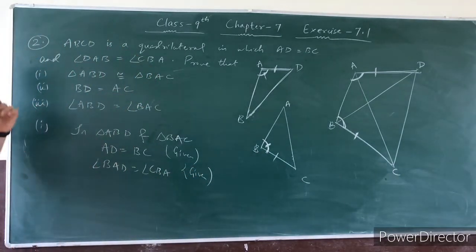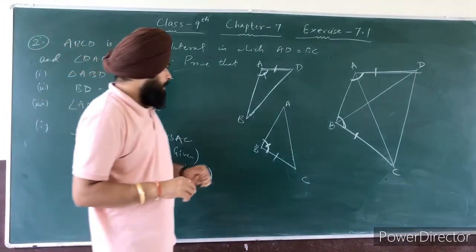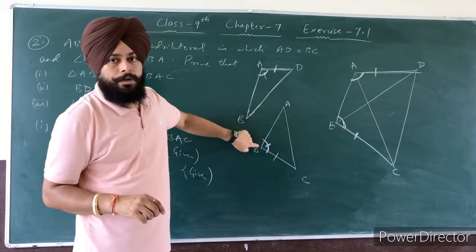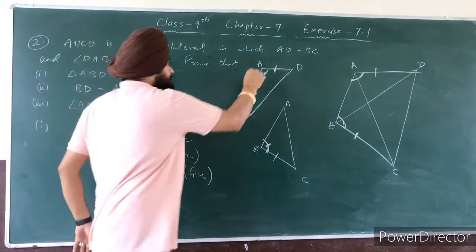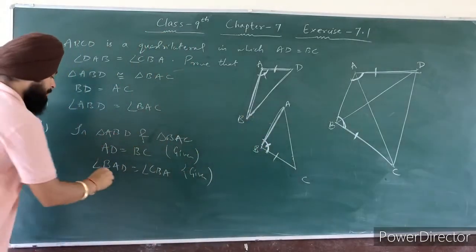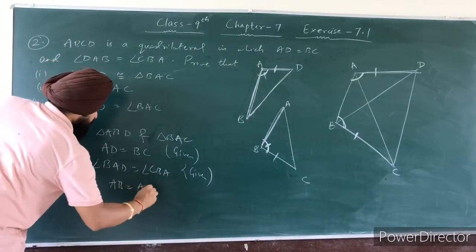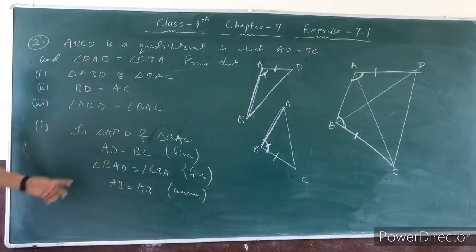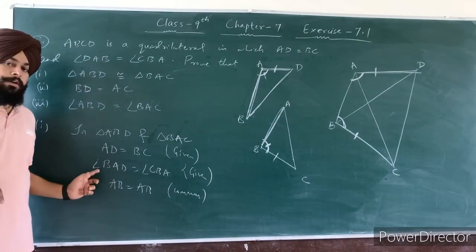Okay? The next third part is which one? You can check here AB side and AB side. It is common in both these triangles. This third side AB and this is AB. So write here AB equal to AB. Reason: common. Now you can check that there are again two sides and one angle.